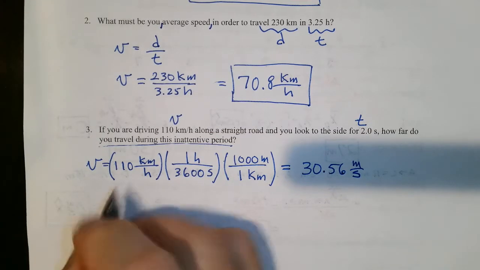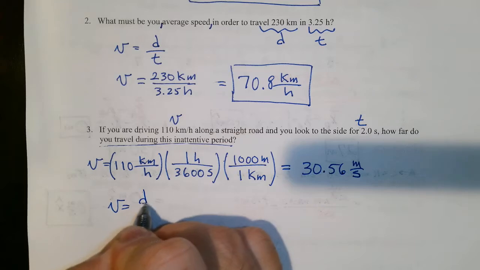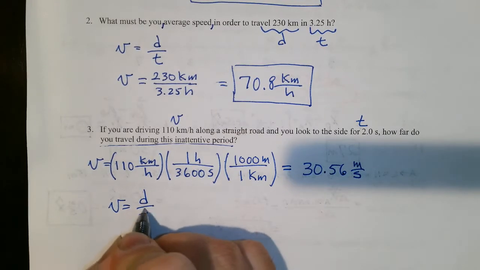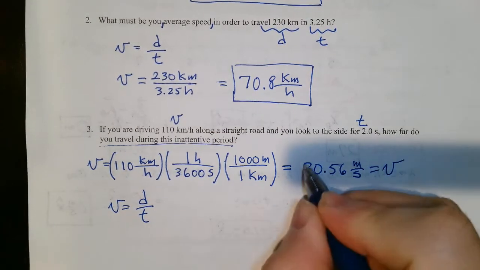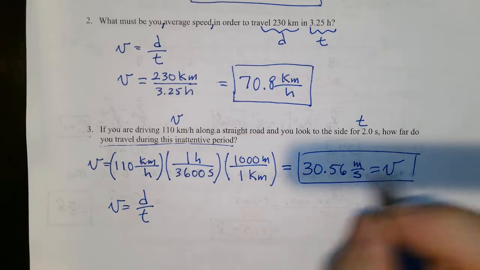Since we know speed is equal to distance divided by time, and we're looking for distance, we know v and we know t.